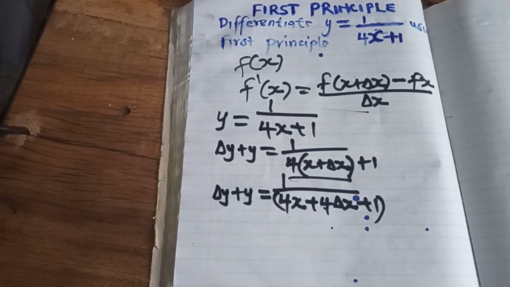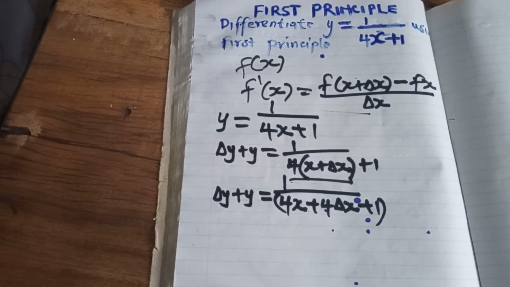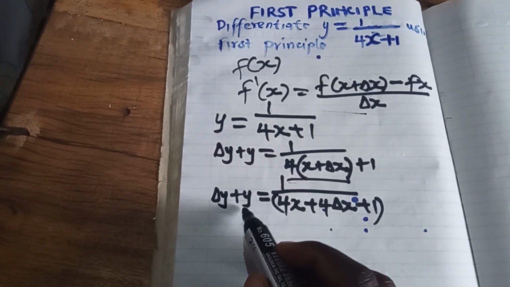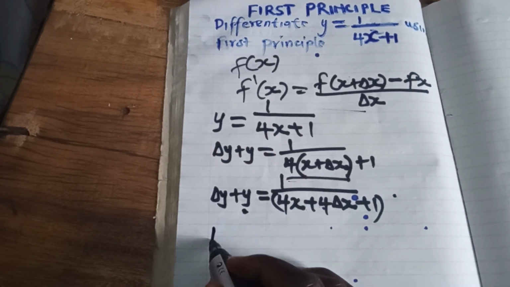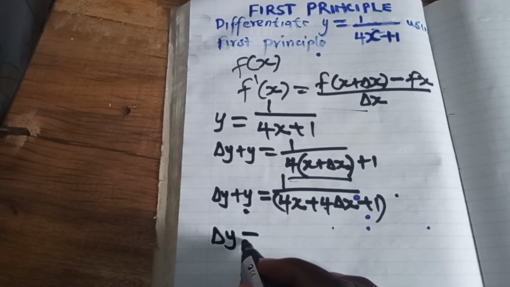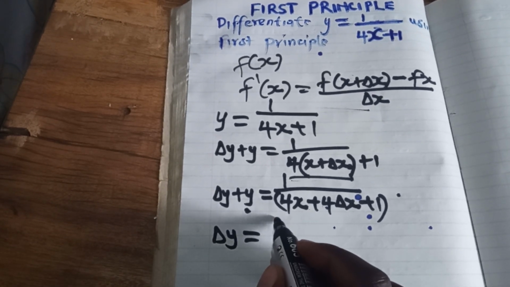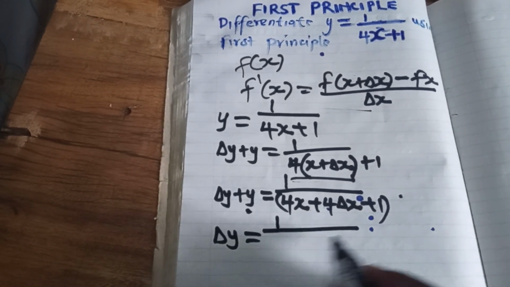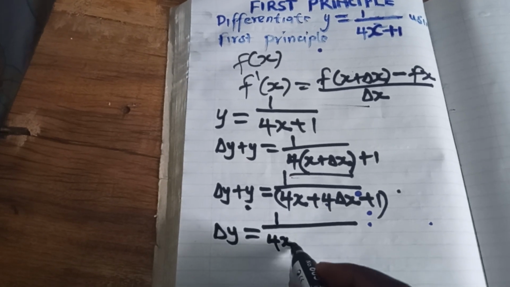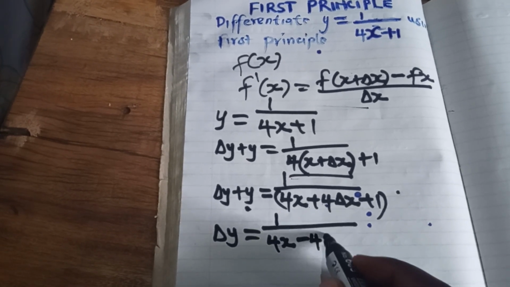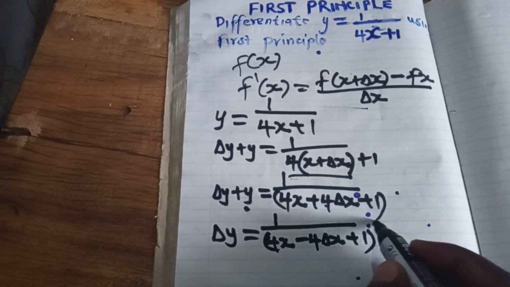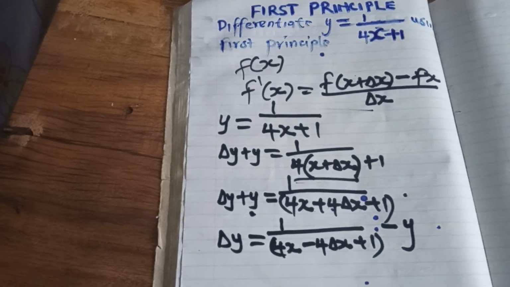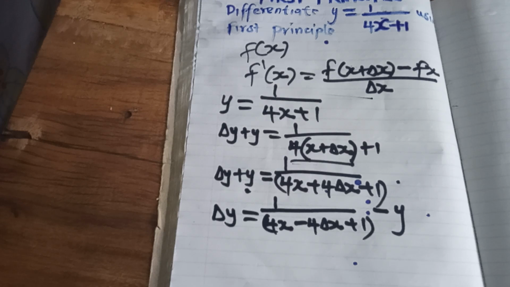How can we do that? We take positive y to the other side. So we remain with change in y equals 1 over 4x plus 4 change in x plus 1, then we subtract y.